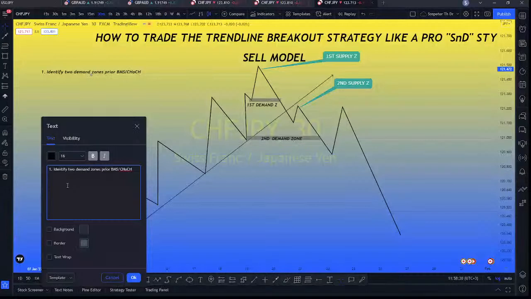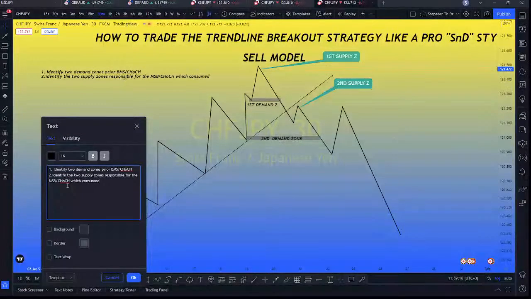Number two is you identify the two supply zones responsible for the market structure break or the change of character, which consumed the previous high lows.